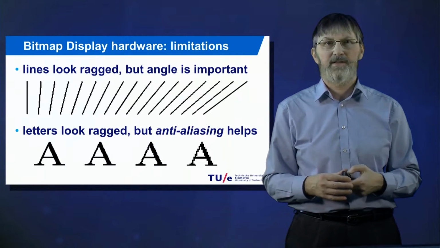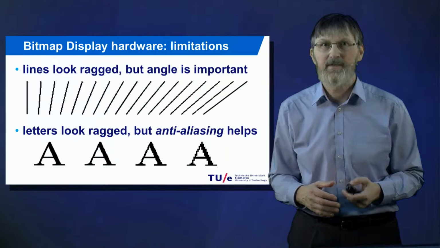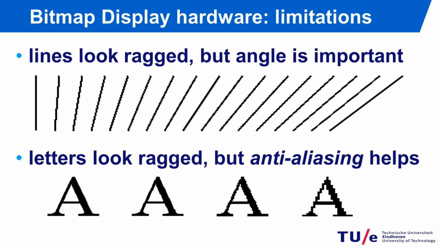Let's look in detail at this slide that shows us some lines and letters. As they look, we have emphasized, enlarged the effect of the bitmap display. And when we look at the lines, we see that some lines, like the one on the left and the one on the right, look very nicely.